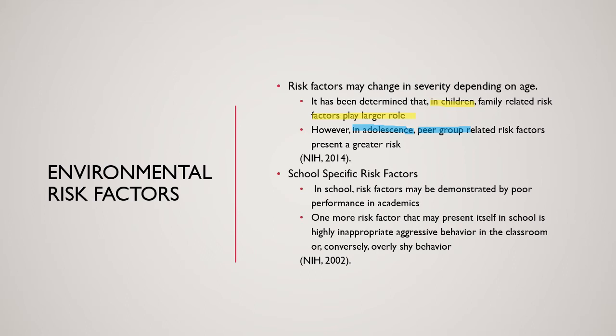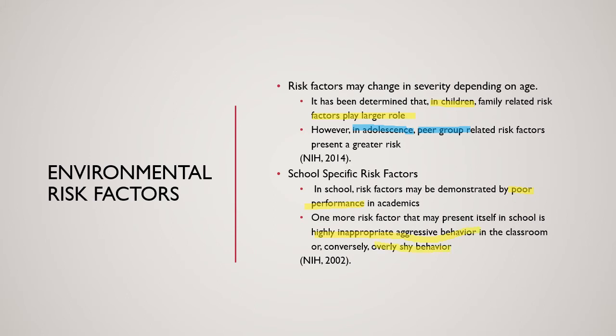Here we see some school-specific risk factors. In school, risk factors may be demonstrated by poor performance in academics. Another risk factor that may present itself in school is highly inappropriate behavior. We see here highly inappropriate aggressive behavior, or conversely overly shy behavior.